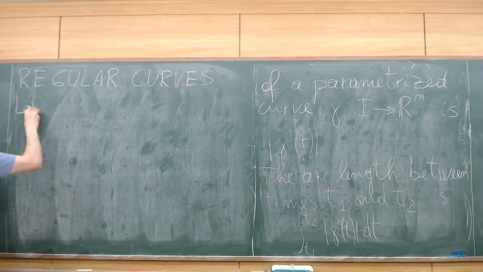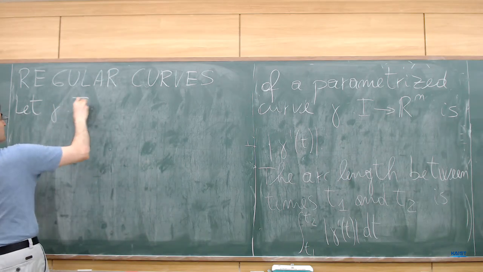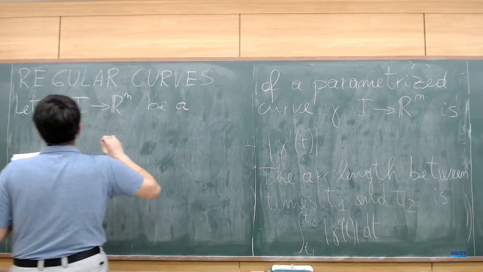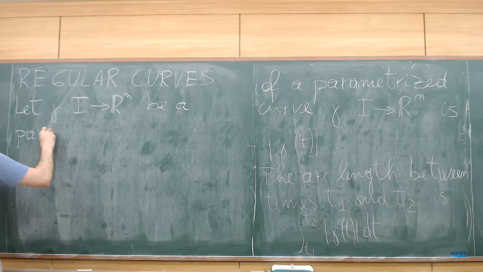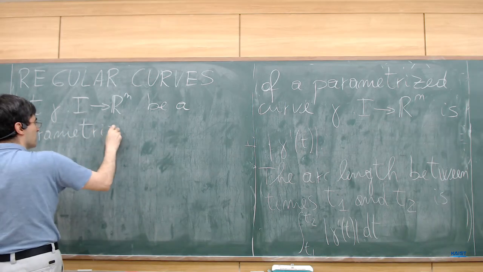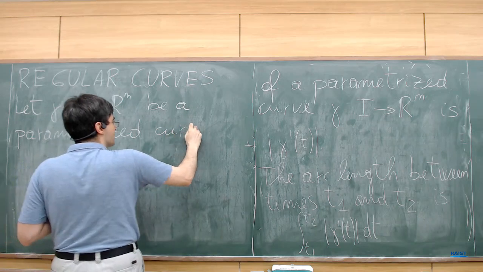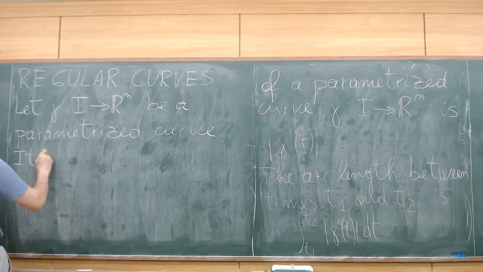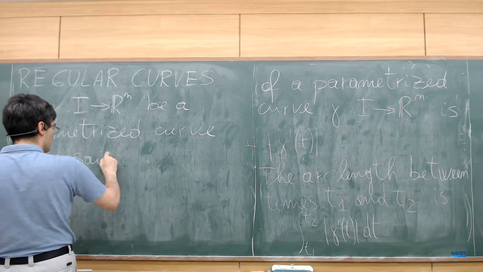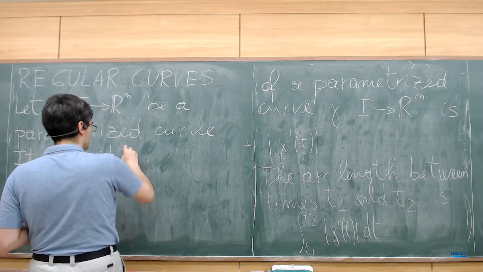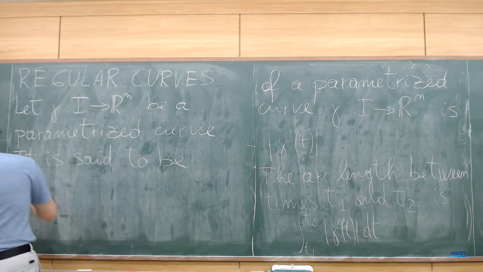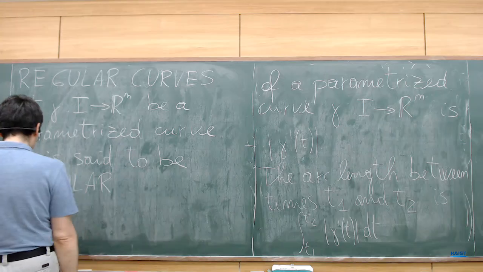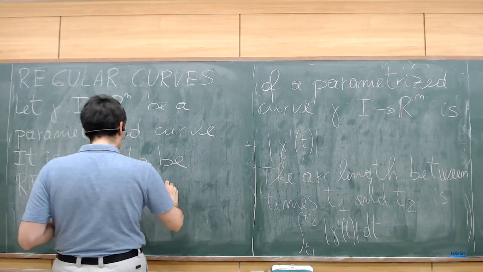Let gamma defined on I with values in Rn be as usual a parameterized curve. Gamma is said to be regular if the speed is always non-zero.